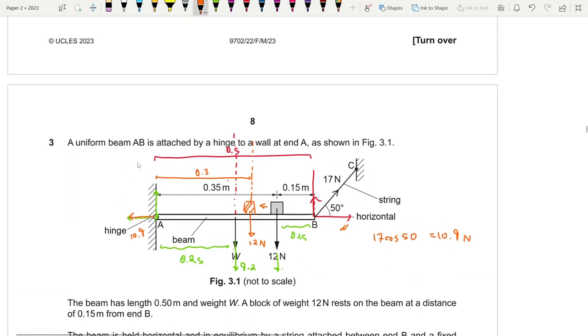Okay, so what's gonna happen? 12 times 0.3 plus 9.2 times 0.25 is the net clockwise moment. So that's 12 times 0.3 plus 9.2 into 0.25. That gives you an answer of 5.9 Newton meter.